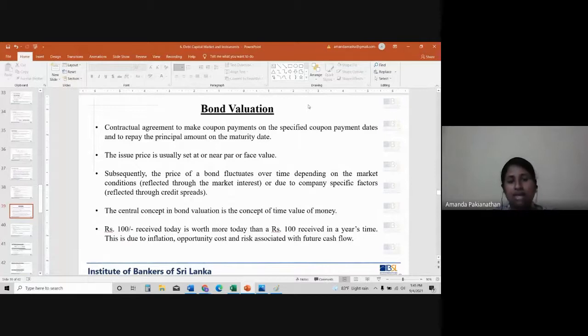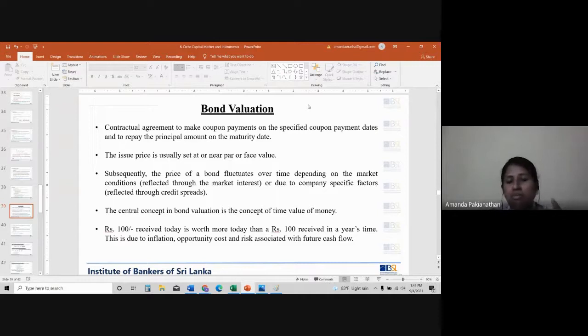Now, after you issue a bond, you know that there is a secondary market for the bond. The bond has to get traded in that secondary market. The price of the bond will definitely fluctuate. Why?